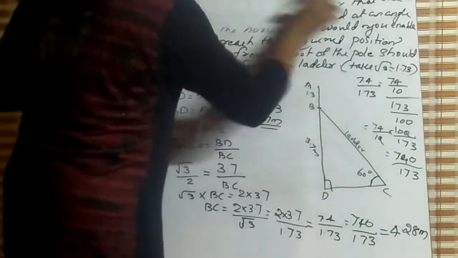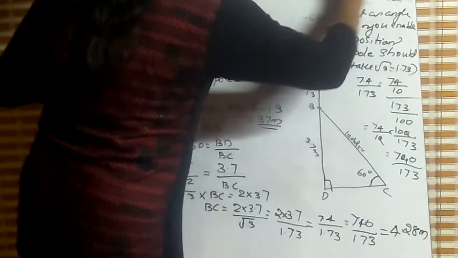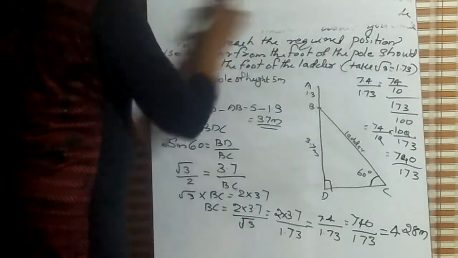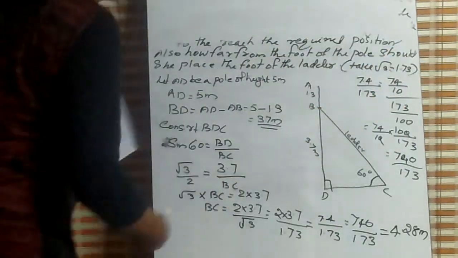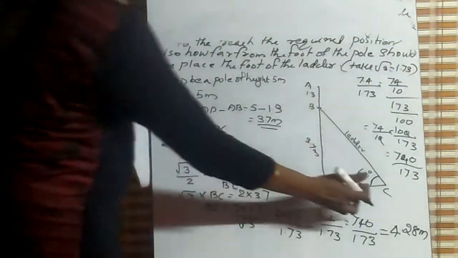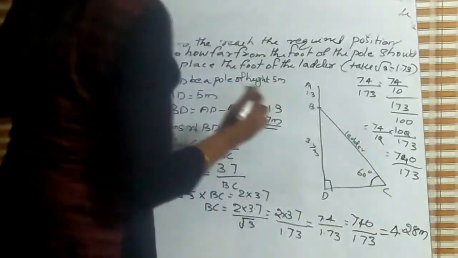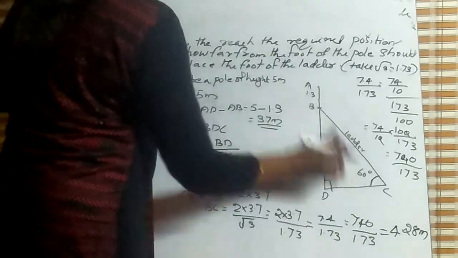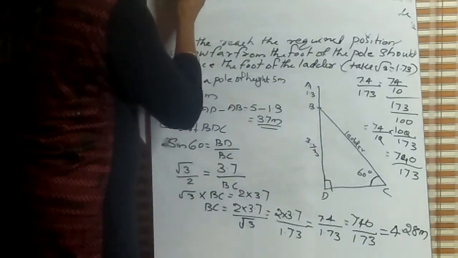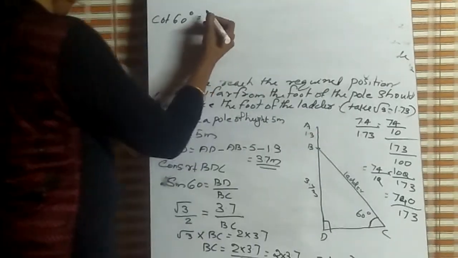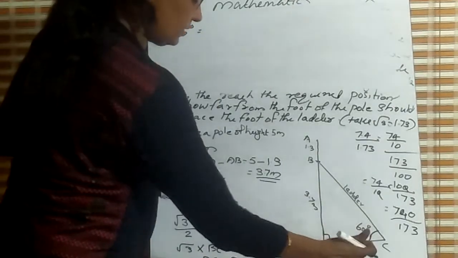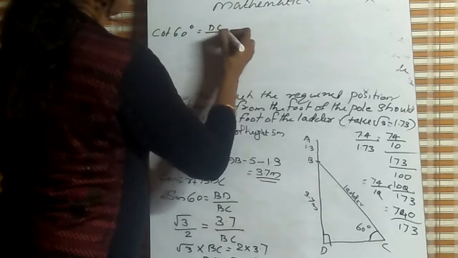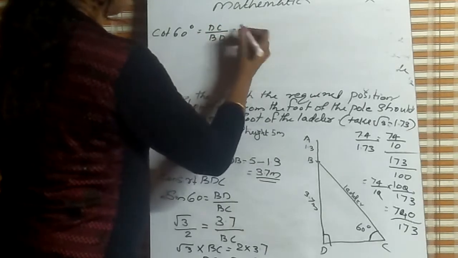Now, next we have to find DC. Based on angle 60, DC is which side? DC is the adjacent side. So, relating the side DC and BC, we take cos 60. Cos 60 is equal to DC divided by BC.